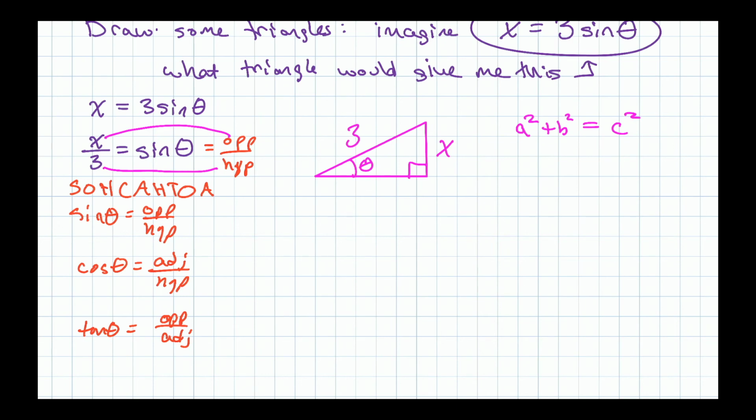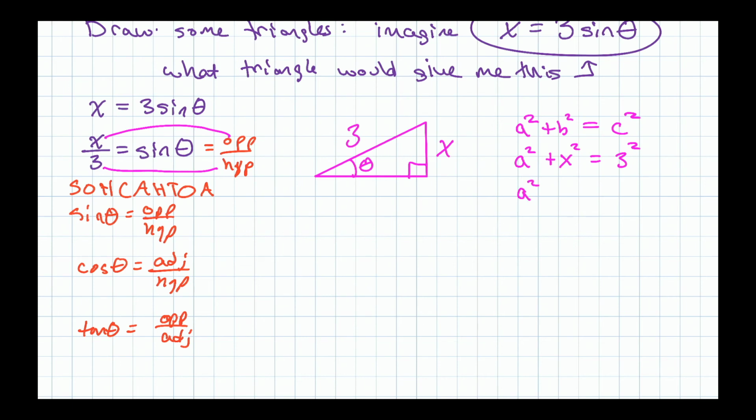You just write a squared plus b squared equals c squared. Plug in the 3 and the x in the right places. So x can be b and 3 could be c. Make sure you get the hypotenuse in the right place, otherwise you'll get the wrong answer.